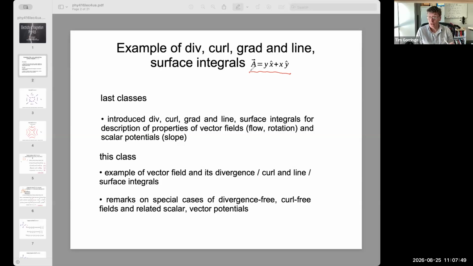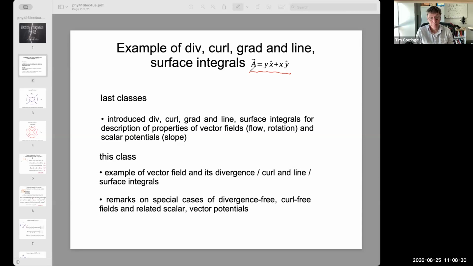If you put the two north poles at two opposite corners of the square, and you put two south poles at the other opposite corners, so if you walked around the square, you've got north, south, north, south, that creates a magnetic quadrupole, and the magnetic field near the center of that square has exactly this form. So this field, y times the x unit vector plus x times the y unit vector, is an important field, and it's got some important properties, and it comes up in electrostatics and magnetostatics.